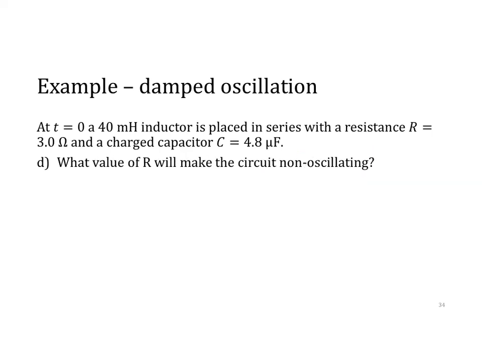Our final thing in this example is to find what value of R will make the circuit non-oscillating. So we want to go back to our definitions of critically damped. So critically damped, we're going to call that non-oscillating.